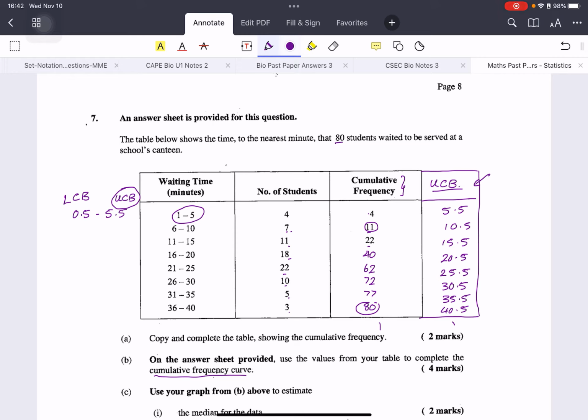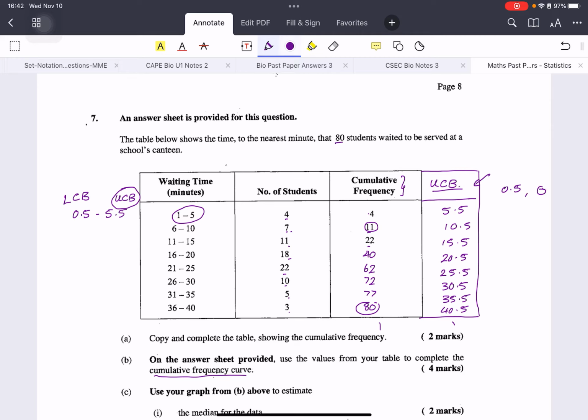0.5, right? So if we put a 0.5 before there, we could assume that no one got 0.5, right? Because it said the least any student got was 1 to 5. So the amount of students who got 0.5 minutes is 0.